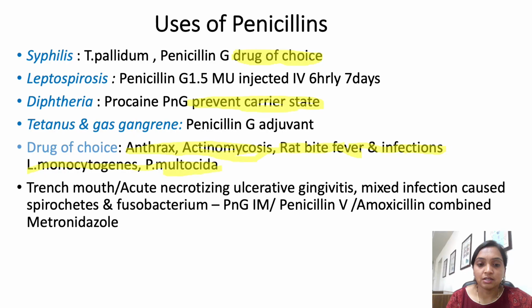And also in case of trench foot, trench mouth and acute necrotizing ulcerative gingivitis, which is one of the important severe conditions affecting dentistry. It is caused by mixed infections of spirochetes and fusobacterium. Penicillin G is used. Apart from penicillin G, penicillin V and amoxicillin, which we will read in further slides, will also be used, and this is combined with metronidazole to prevent anaerobic infections.